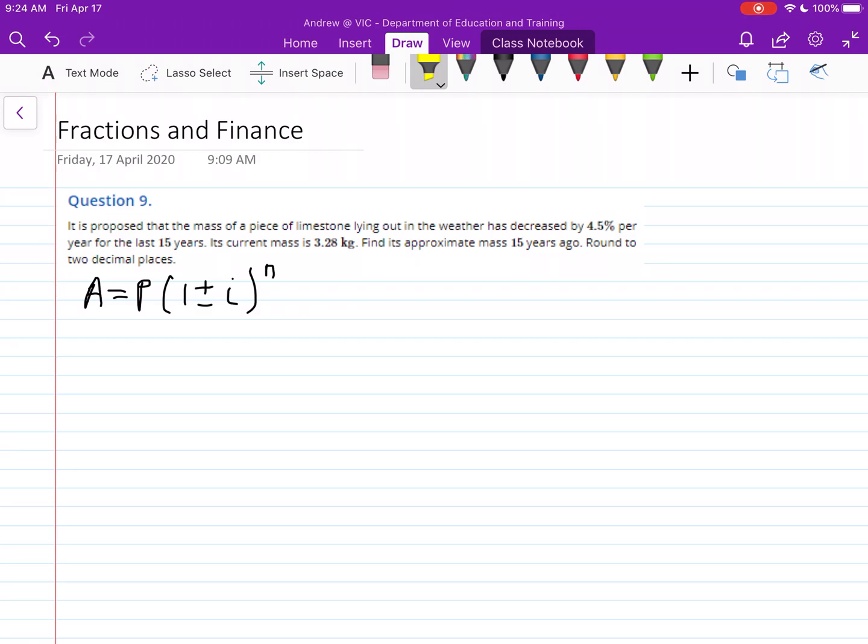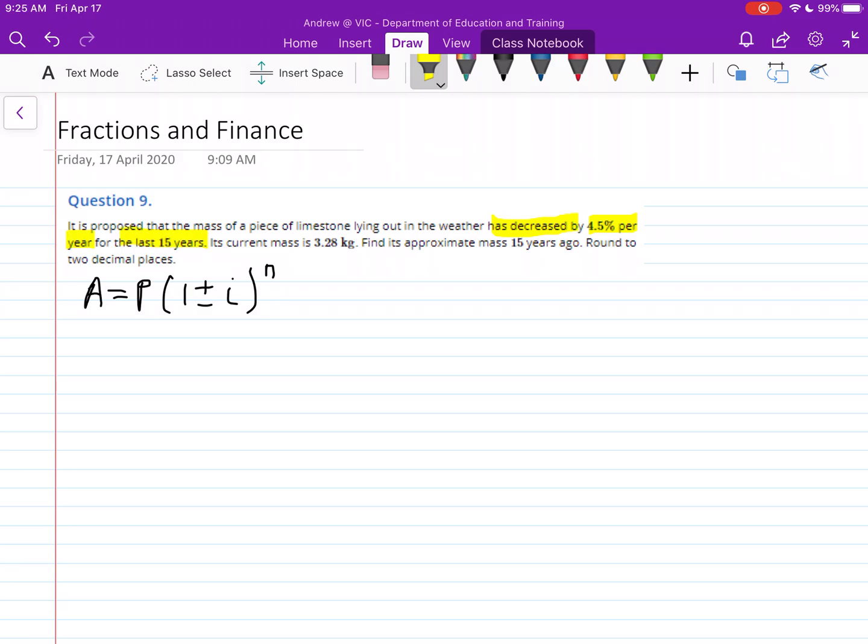Okay, so this question here, it's proposed that a piece of limestone lying out in the weather has decreased by 4.5% per year. Okay, so this is an important bit of information. Firstly, it's decreasing, and 4.5% per year, and this is for 15 years.